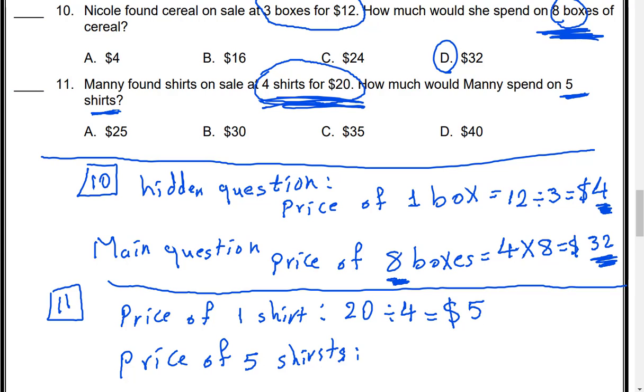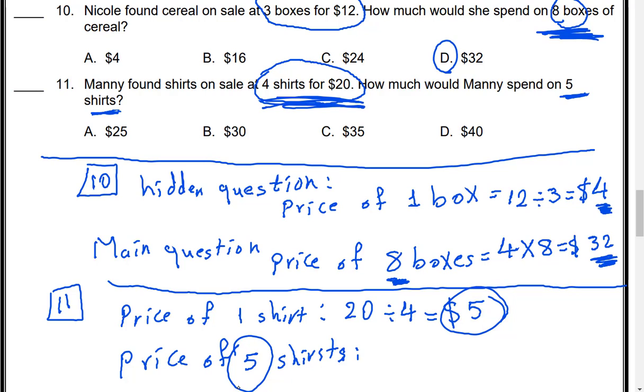We need now to find the price of 5 shirts. What's the price of one shirt? $5. And how many shirts do we need? 5.